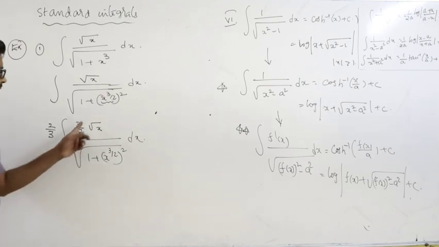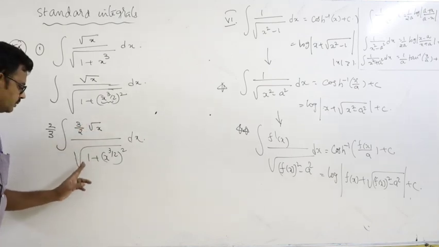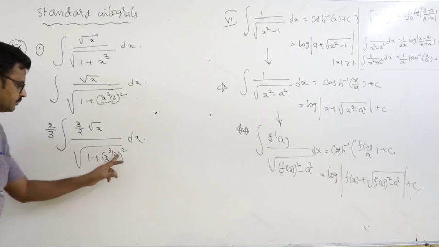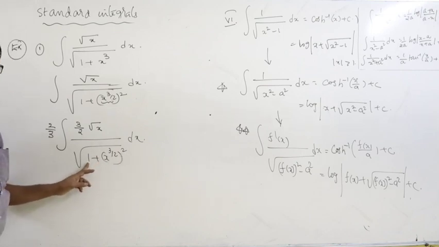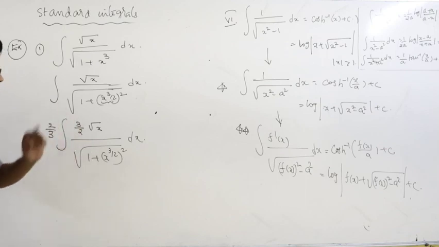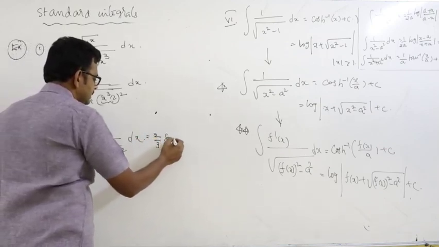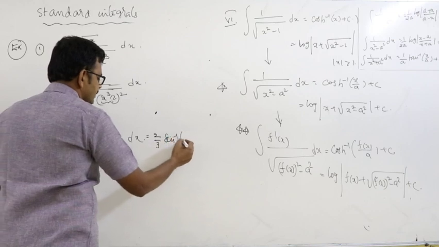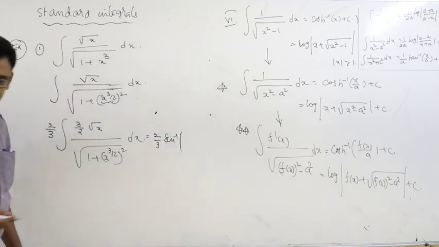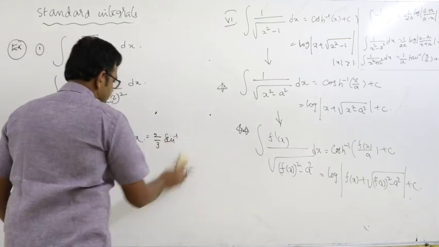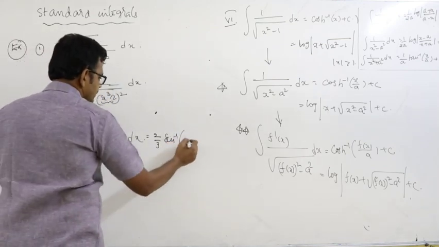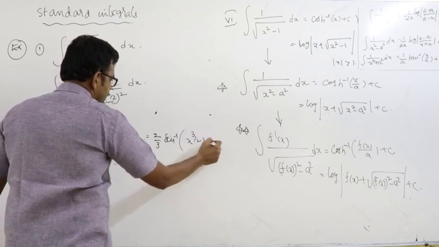This is just like f dash x by root of f of x whole square plus a square. That is equal to, formula is what? 2 by 3 into sin h inverse of f of x by a plus c, that is sin h inverse of x power 3 by 2 plus c.